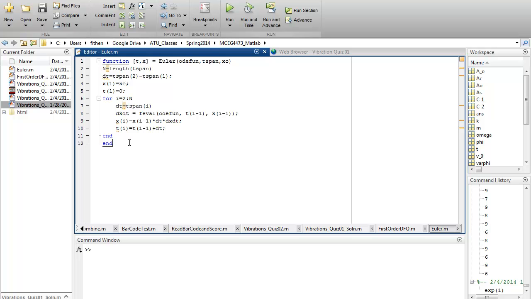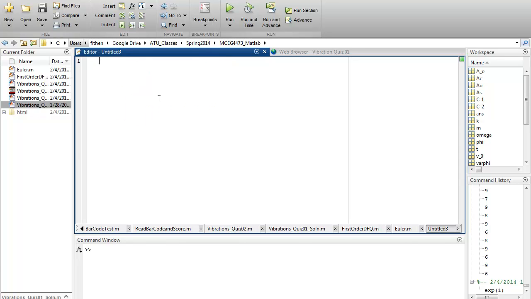So let's try to call this in another routine. What we're going to do is I'm going to just say x naught is equal to 5. T-span is equal to, say, 0.1 to, say, 15.